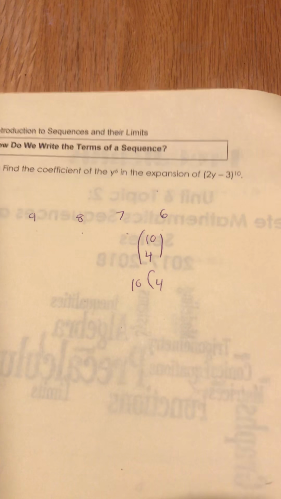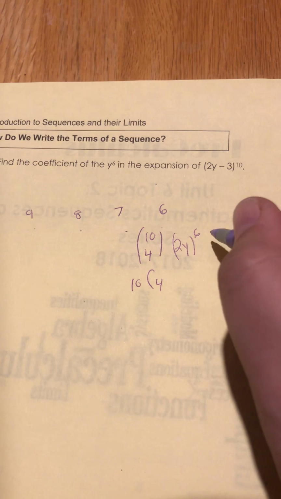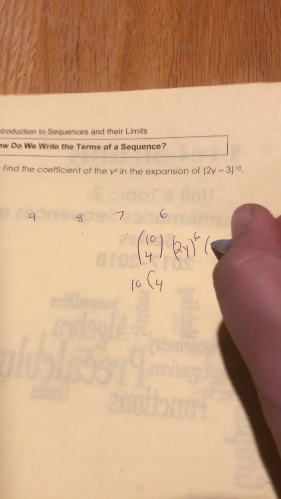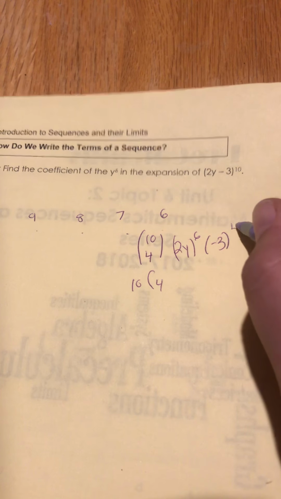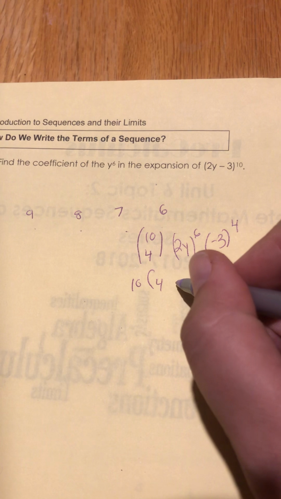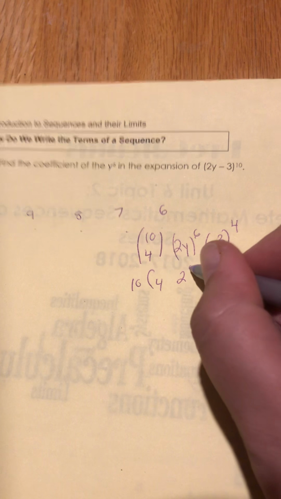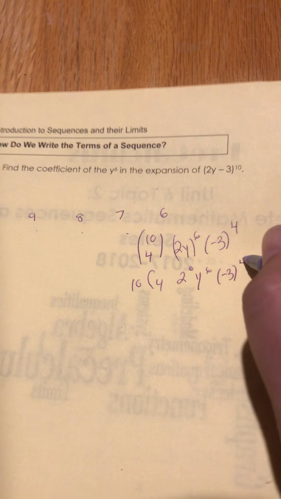And then with the 6th power, this is going to be 2y to the power of 6, and the second term is -3, so it would be -3 to the power of 4. You're going to take 2 to the 6th power, which is 64. So this is going to be 10C4 times 2 to the 6th power times y to the 6th power times -3 to the power of 4.